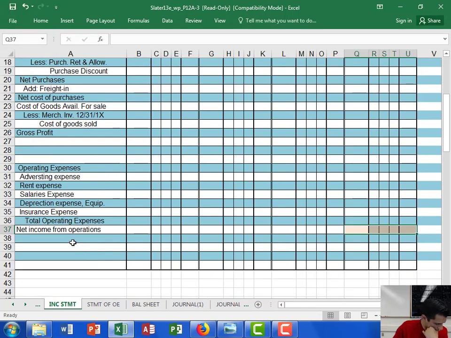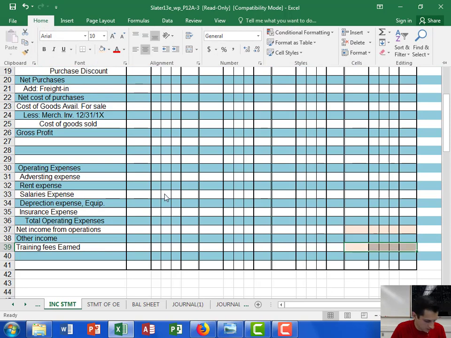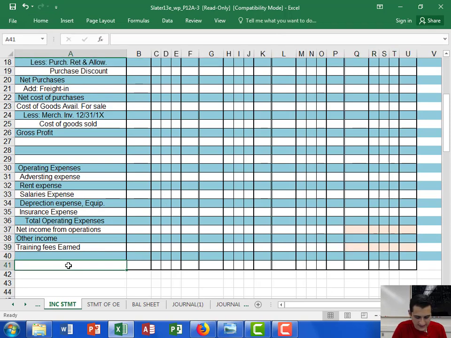And then, oh shoot, other income, your other sources of income. In this case, it'll be the training fees earned, which will be a certain amount that will go under here, because that's the final number, to then get your total net income of whatever amount.